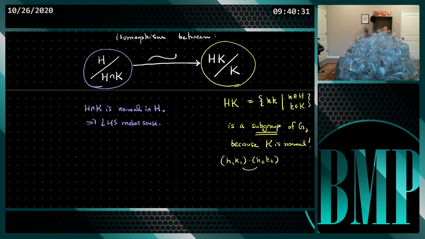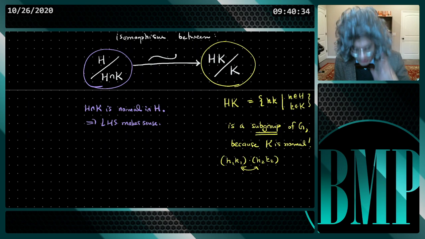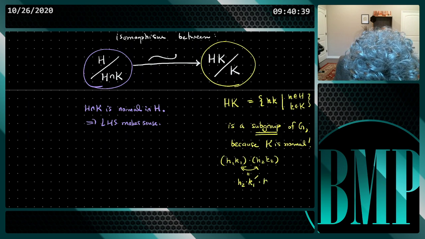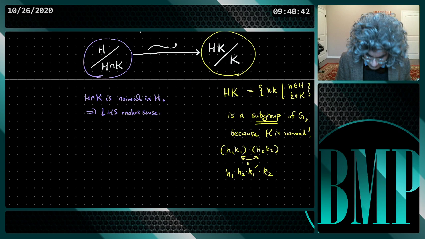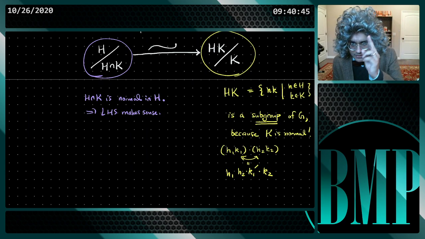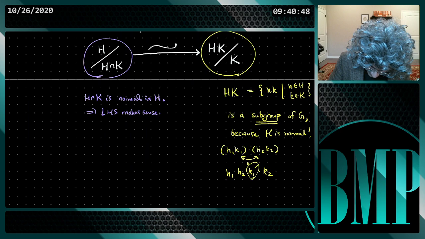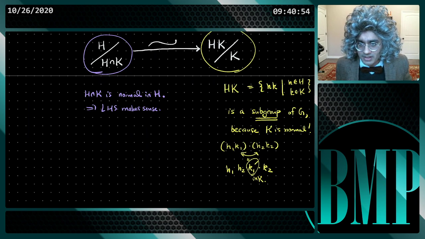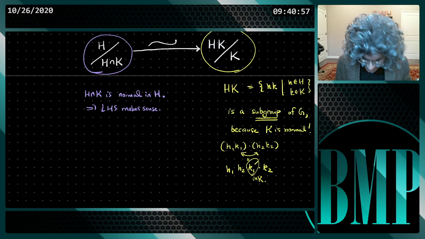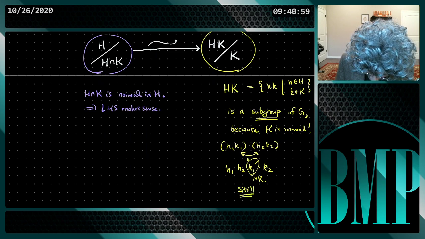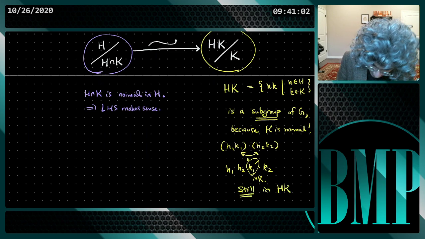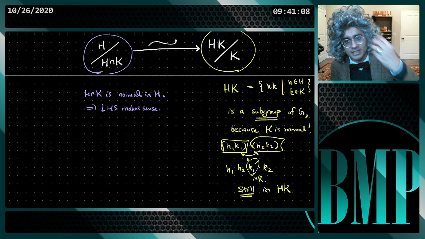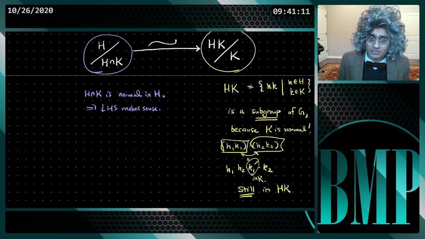So this is equal to h2 times k1 prime times k2 times h1. That's the fact that you can trade off for another thing in K. That's just another way of expressing the normality condition. And so this is still in H times K. The product of two things in that set is still in the set. This is what allows us to think about HK as a subgroup.